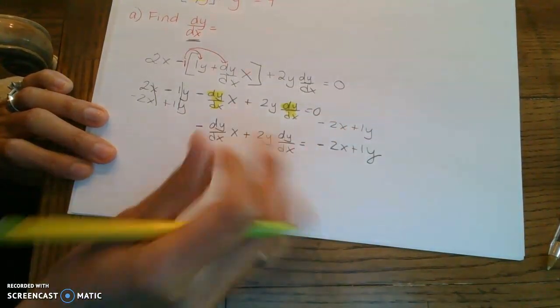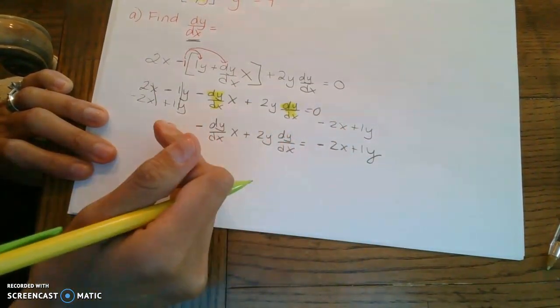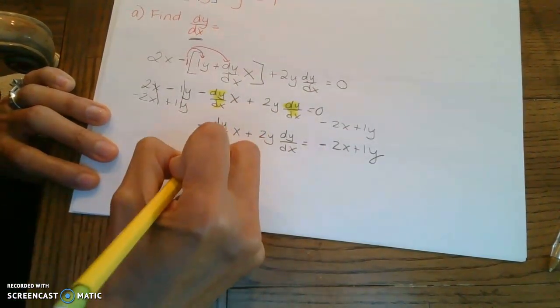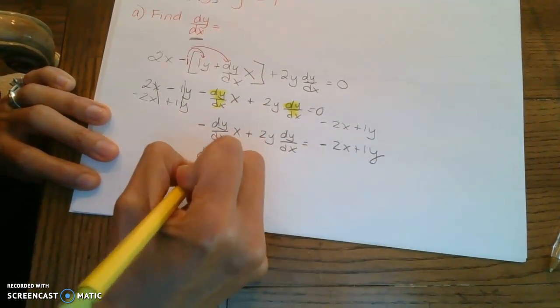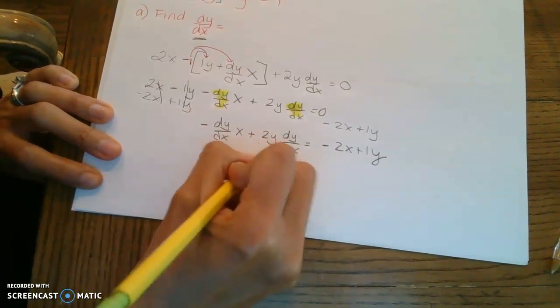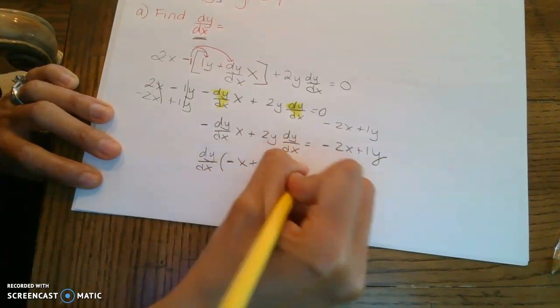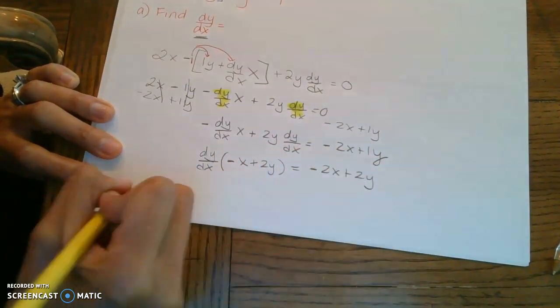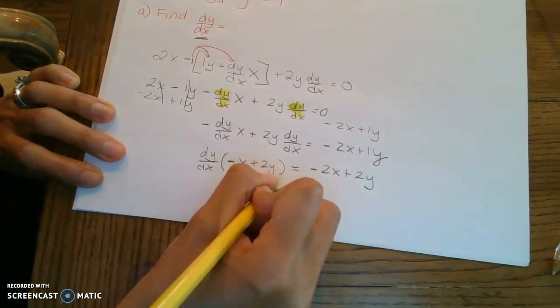Now that I have all my dy dx's on one side and everything else on the other, I'm ready to GCF the dy dx out, and I'm left with a negative x plus 2y equals negative 2x plus 2y. And now you want to get dy dx alone.